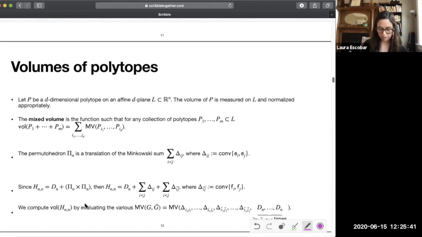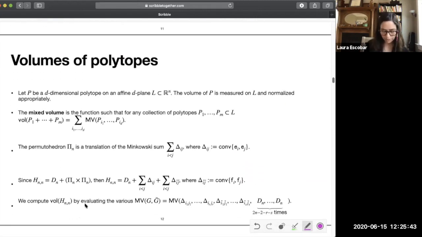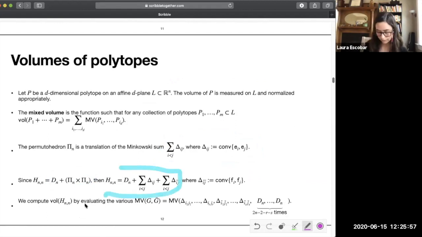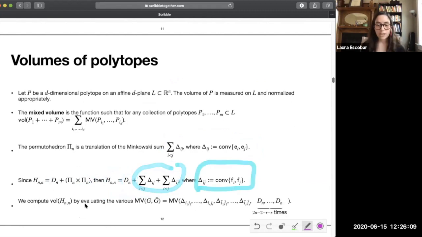So here I'm reminding us what the harmonic polytope is. Therefore, using this expansion of the permutohedron into a Minkowski sum of intervals, we can similarly give an expansion of the harmonic polytope into a sum of the simplex that I told you before, the n-1 dimensional simplex, with a bunch of intervals, where I'm denoting by delta ij bar the convex hull of f_i and f_j.